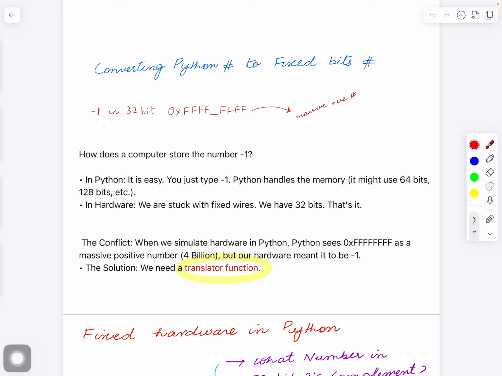But if a number comes in Python, which is like all these Fs, then Python doesn't know your microarchitecture by default. It will consider it a massive positive number, right? There are 32 bits, so it's like 4 billion, something like that. So that is a challenge we have.